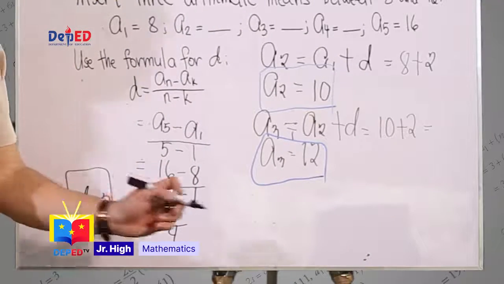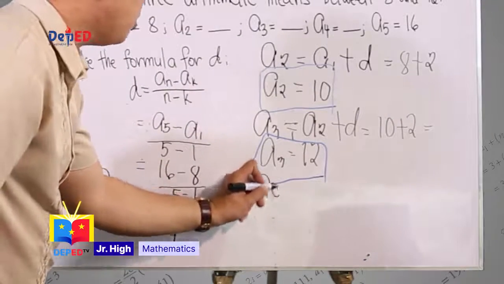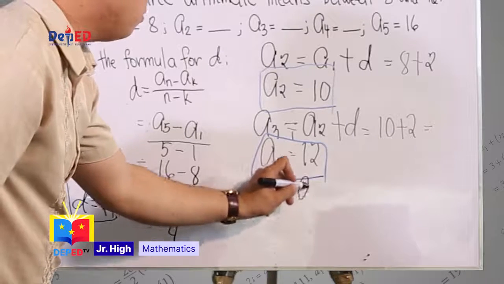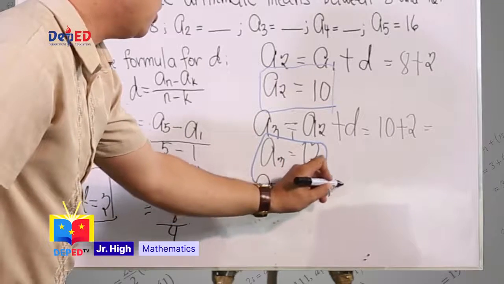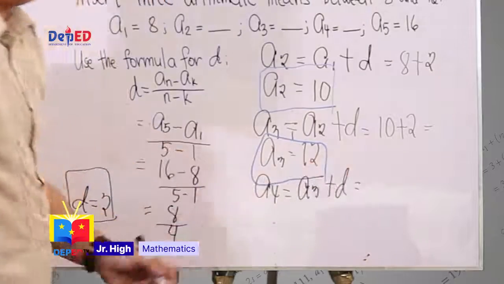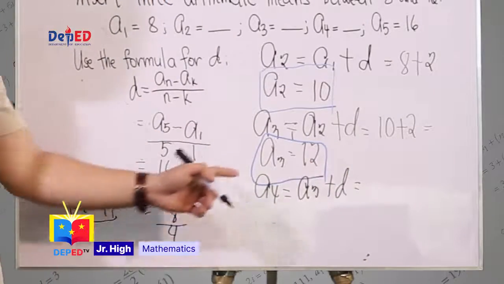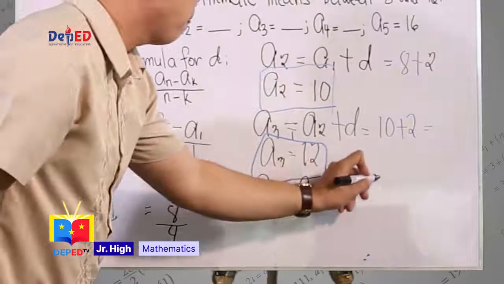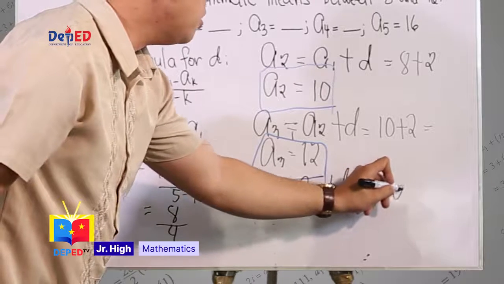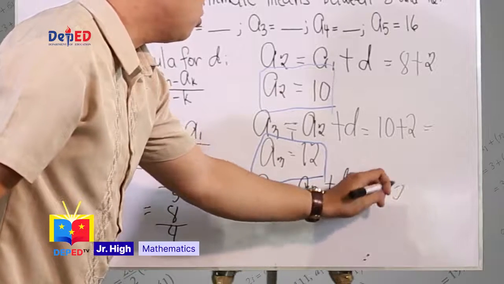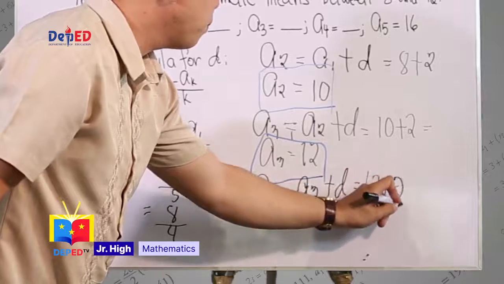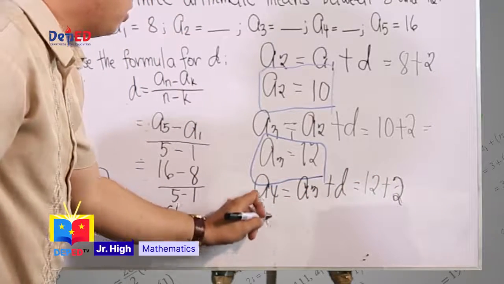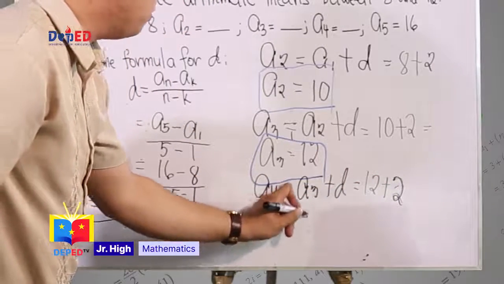And for the fourth term, that is a sub 4, is equal to the sum of the third term plus the difference. Our a sub 3 is 12 plus the difference, which is 2. Our a sub 4 will now be equal to 14.